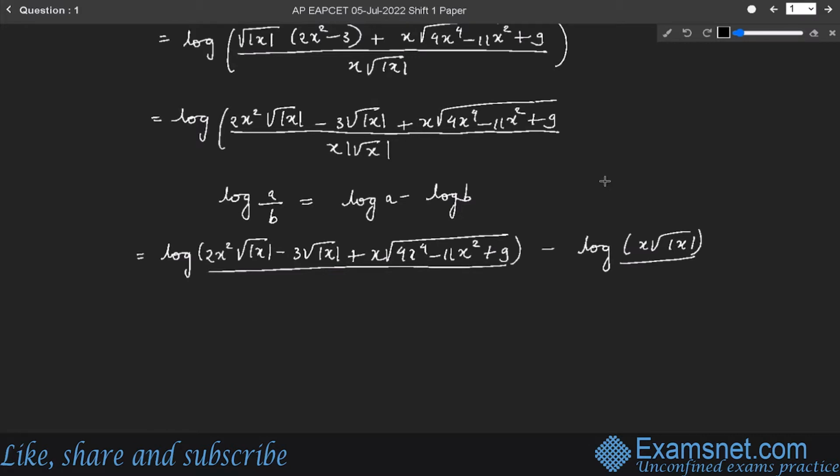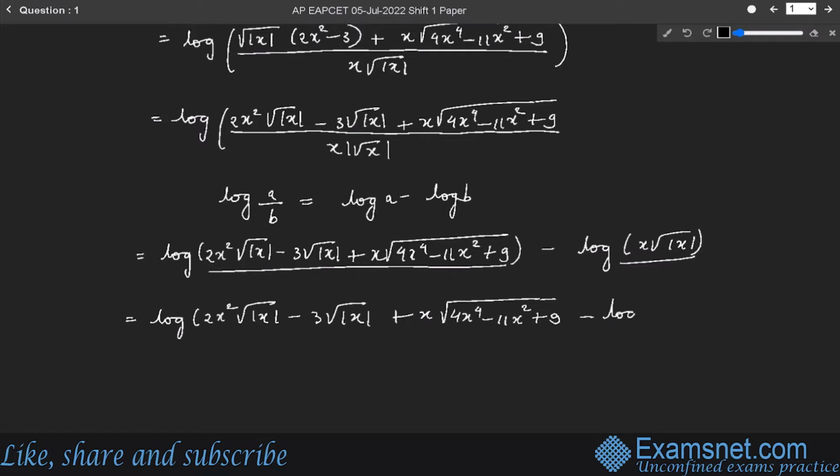On further solving, it will be equal to log of 2x square into under root of modulus x minus 3 into under root of modulus x plus x into 4x power 4 minus 11x square plus 9, minus log m into n is log m plus log n. So it will be log x plus log under root of modulus x.